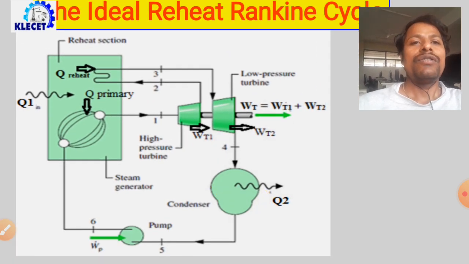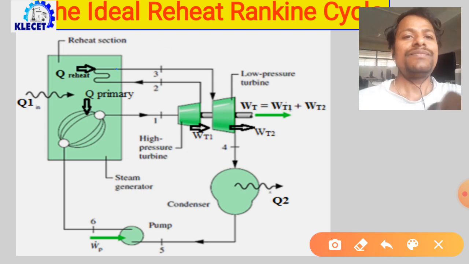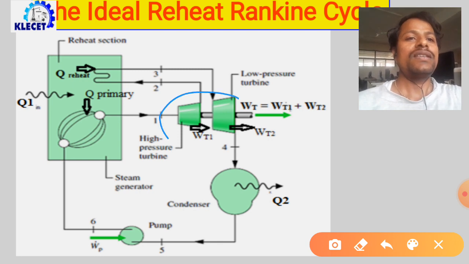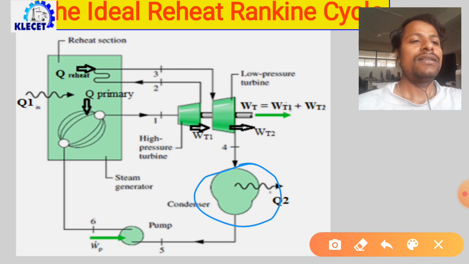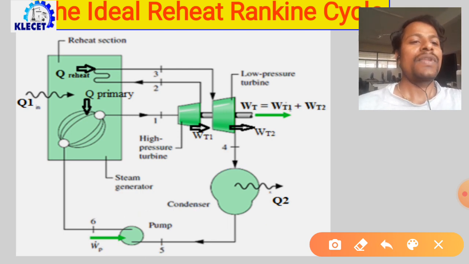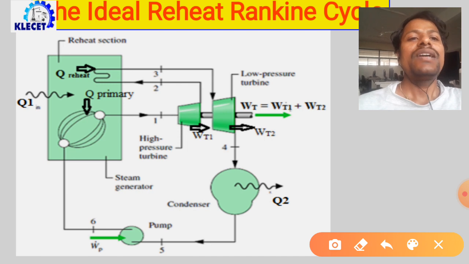So as you know, Rankine cycle is a combination of boiler. This is the boiler, complete boiler. So this is turbine. Here I have condenser. Then again I have a pump here. So here all these four devices are connected by pipelines.